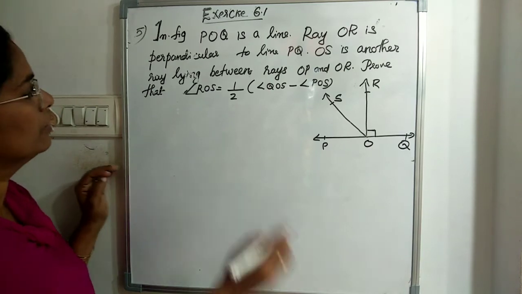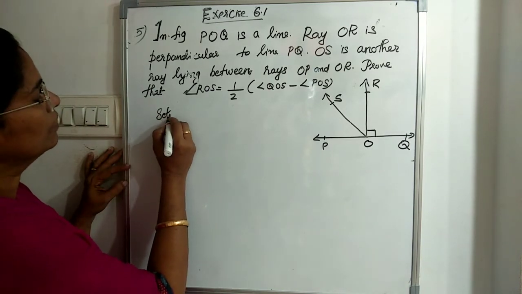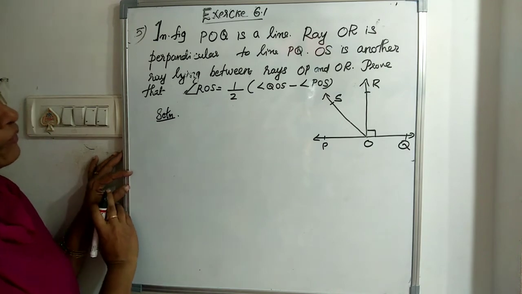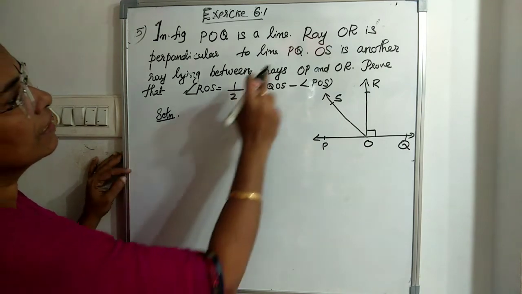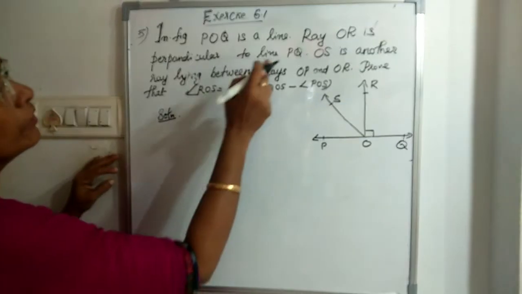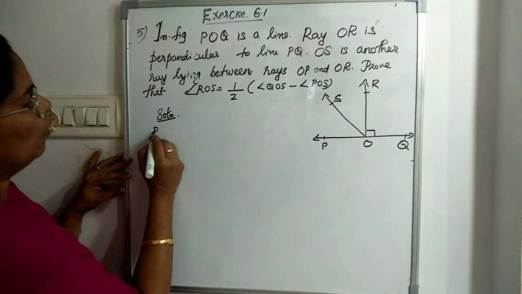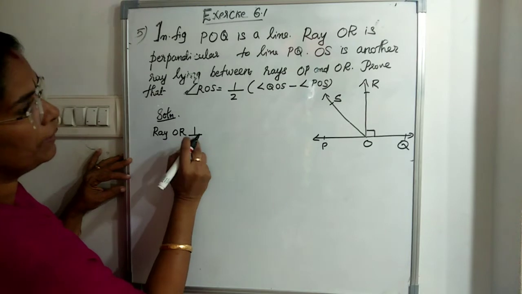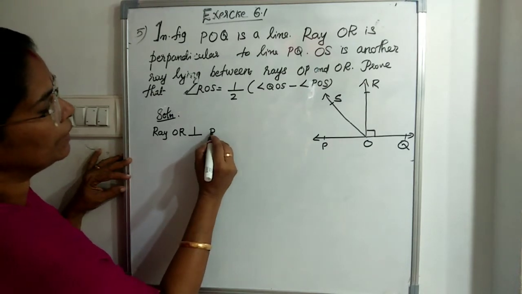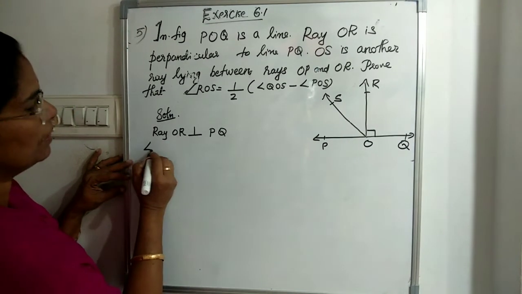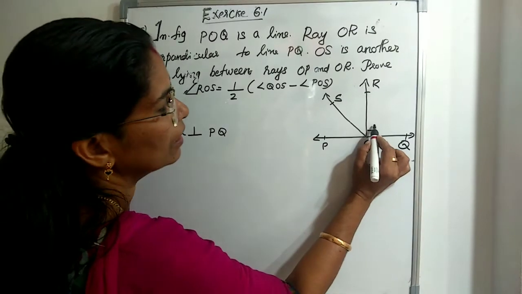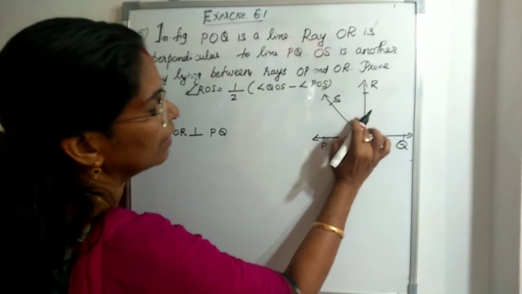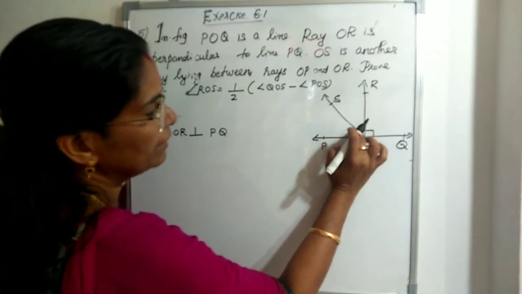Okay, we can do the solution. First given condition is ray OR is perpendicular to line PQ. Perpendicular means this angle should be 90 degree and here the left side angle also 90 degree.